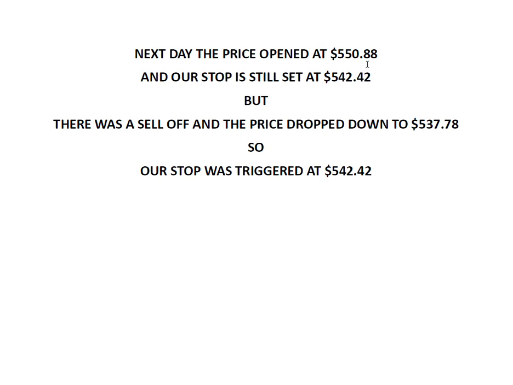So if the price is still higher than my stop, I'm still in the play. As long as that price does not get at or below 542.42, which is where my stop is, then I'll stay in the play. If it does go to 542.42 or below, it will kick me out at my stop price.